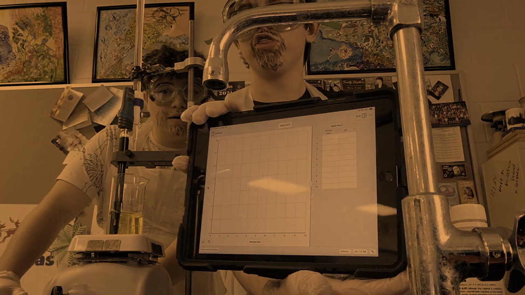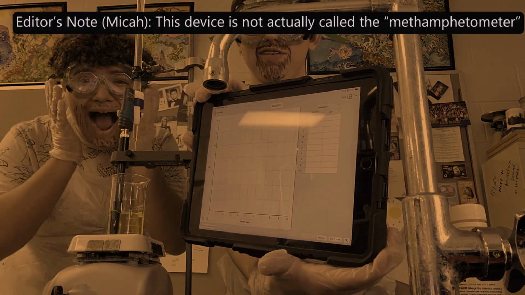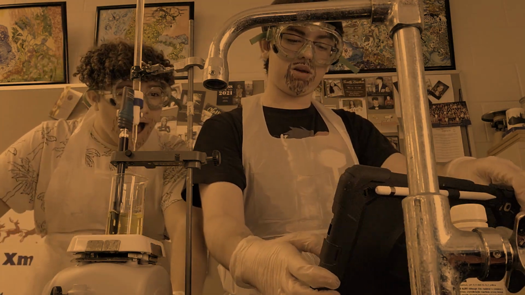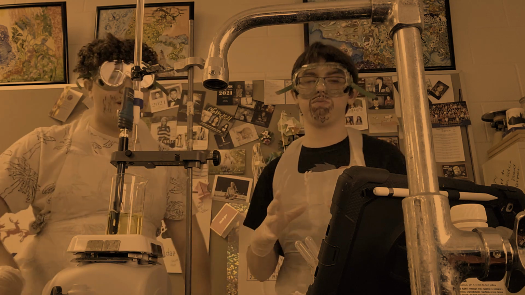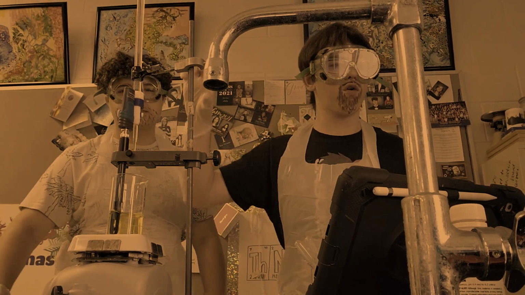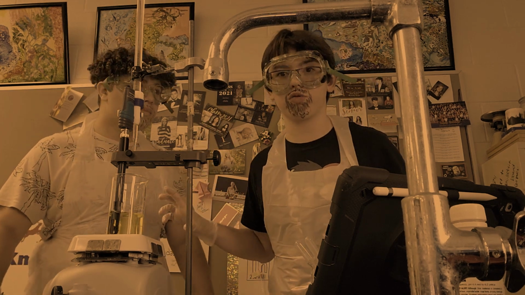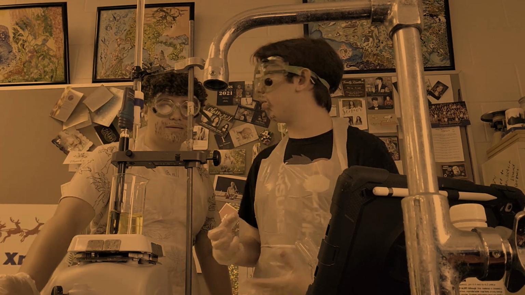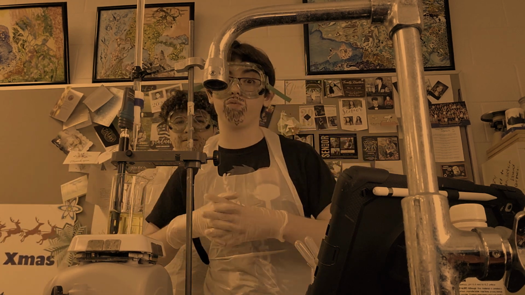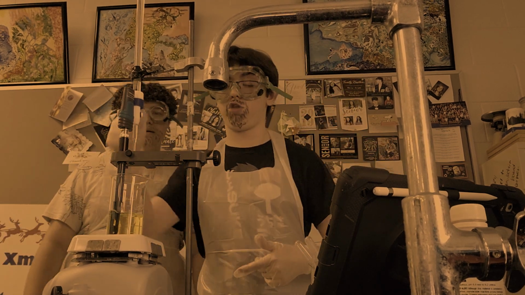This is called the methamphetammeter. And this is able to tell us what the pH of it is. You're blowing my mind right now, Mr. White. And once we get to the 1/4, half, and 3/4 equivalence point, and even the equivalence point itself, it will tell you the pH and how much we deviate from this.